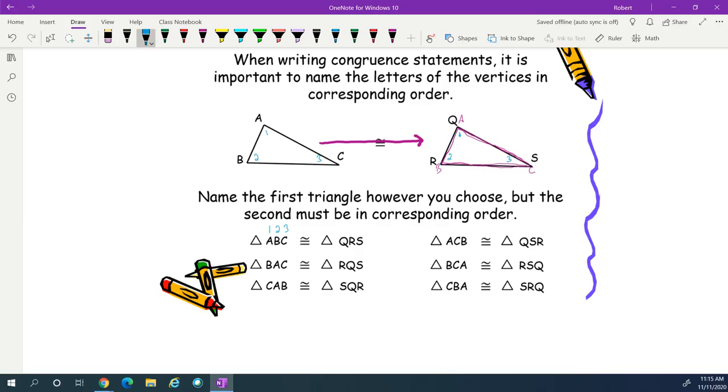Well, then I'm going to match it with the second triangle. First corner, second corner, third corner. So QRS. But what if I name the first triangle BAC? So look at my triangle, BAC, that's 2, 1, 3. Well, I have to match that from the second triangle. Vertex 2 is at R.